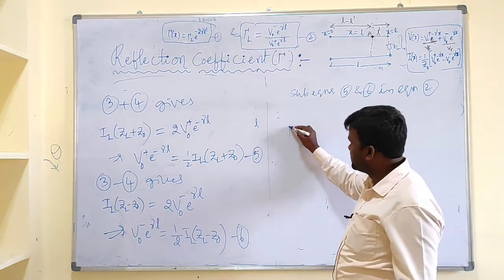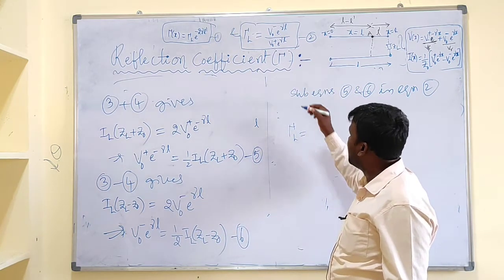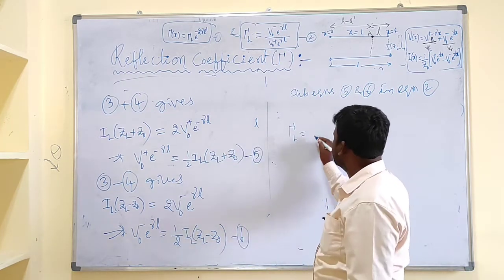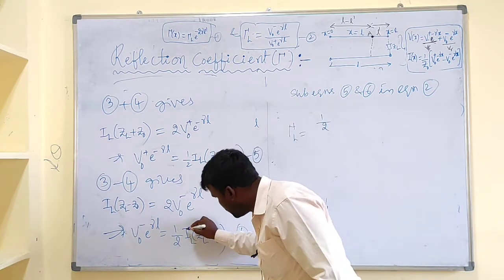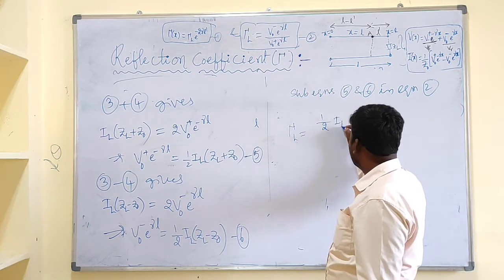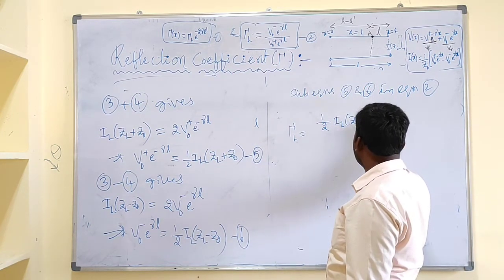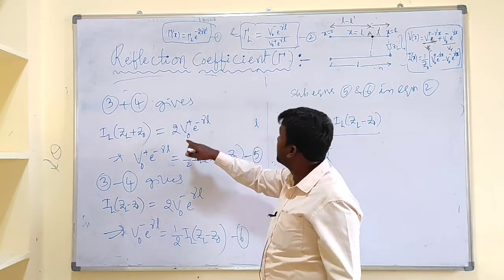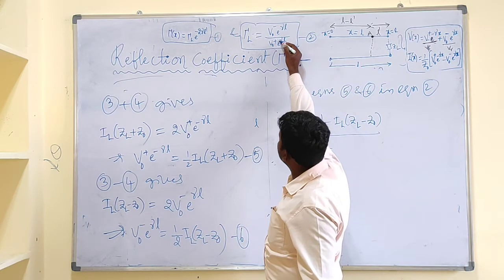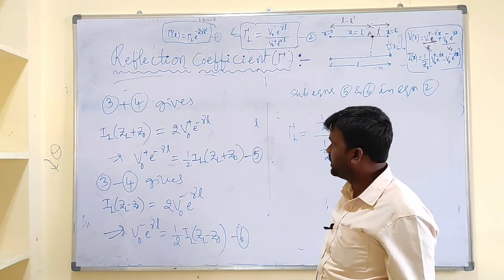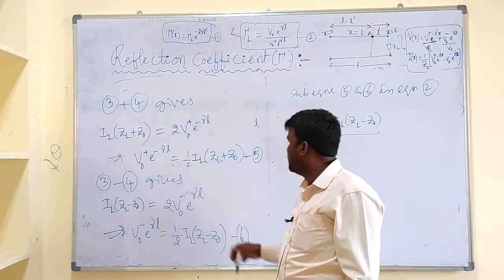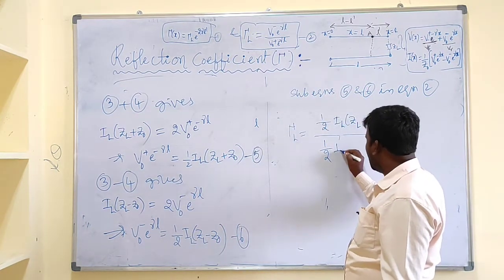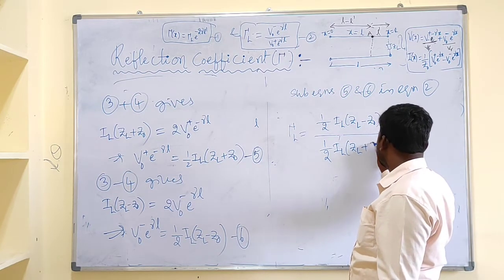What is equation 2? Equation number 2 is gamma L, V naught minus e to the power gamma L over V naught plus e to the power minus gamma L. V naught minus e to the power gamma L is nothing but 1 by 2 IL into ZL minus Z naught, and V naught plus e to the power minus gamma L is 1 by 2 into IL into ZL plus Z naught.